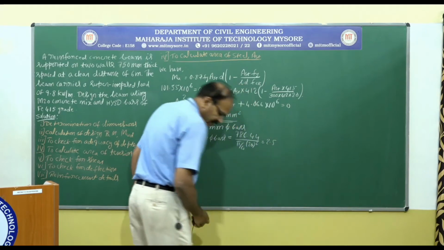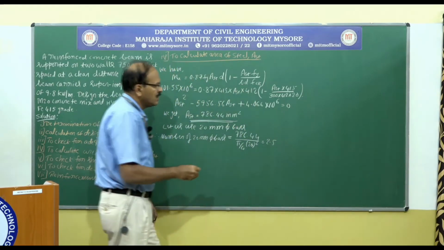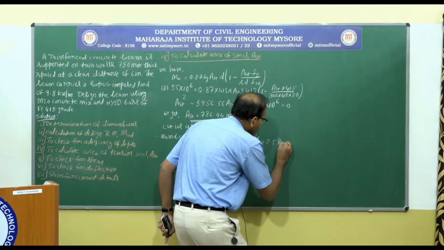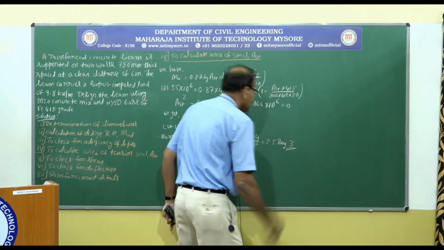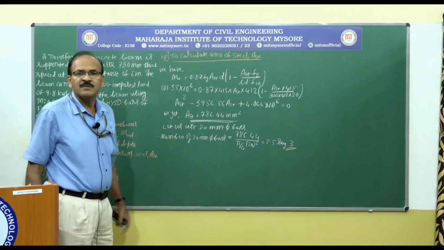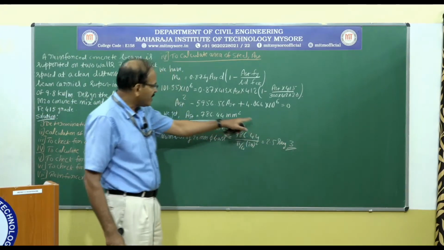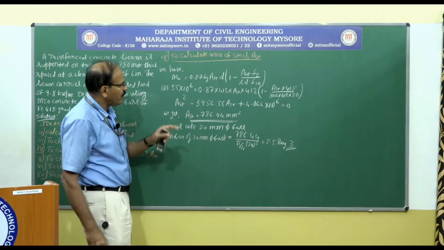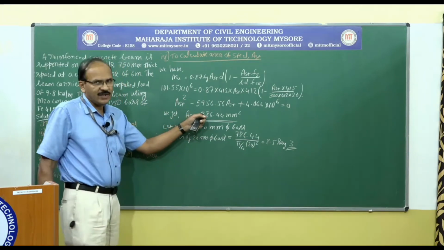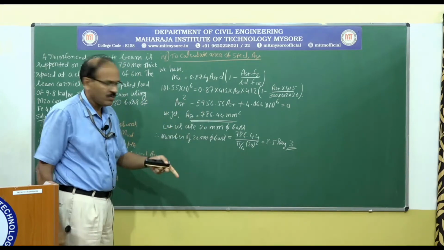Of course, we cannot provide 2.5 bars, so we are going to provide 3 bars. Okay. So once you provide 3 bars, the actual area of steel we are going to provide is going to increase. It is not going to be this value anymore.